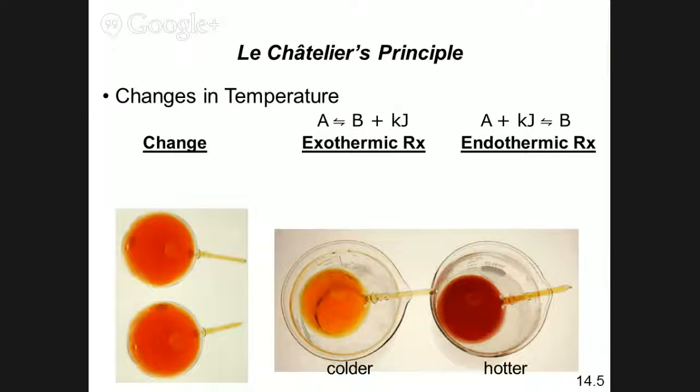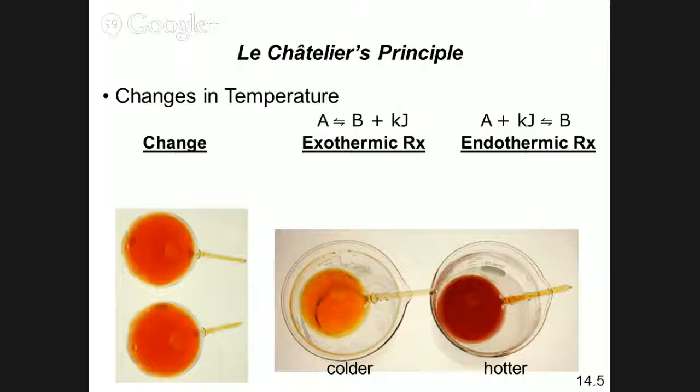Now, a lot of reactions are exothermic or endothermic, meaning either exothermic, they produce heat as a product of the reaction, or endothermic, it needed some energy, some heat to get the reaction going.